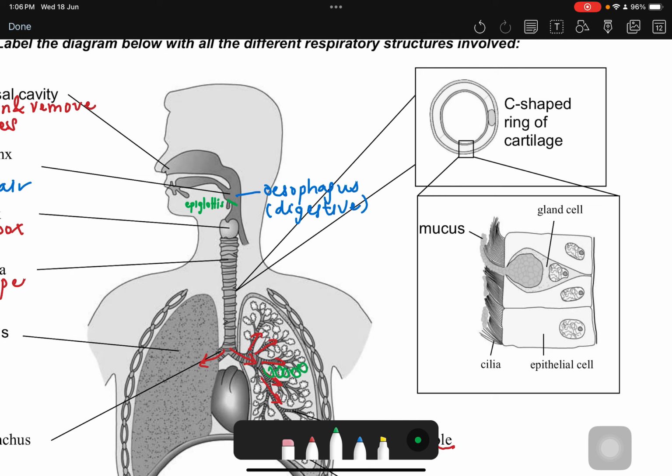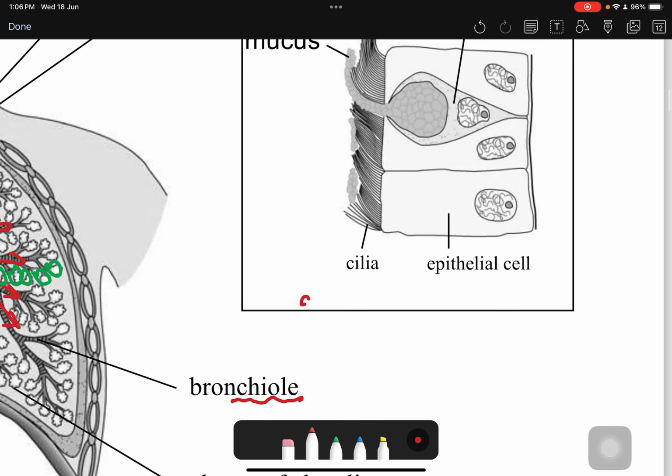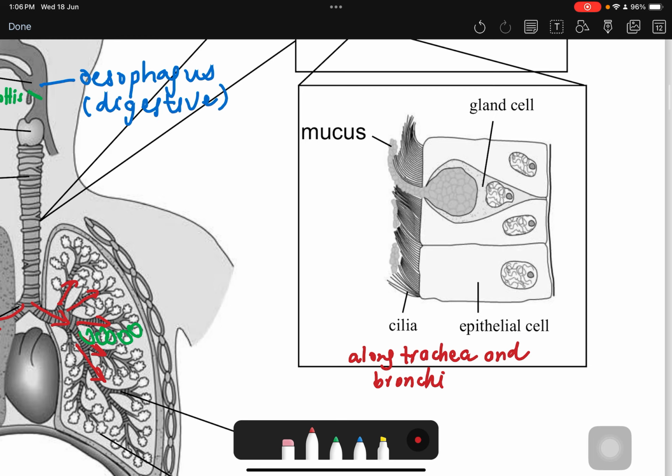So just take note of the two different cells that can be found along your respiratory lining, mainly along your trachea and bronchi, where you can find these two kinds of cells.